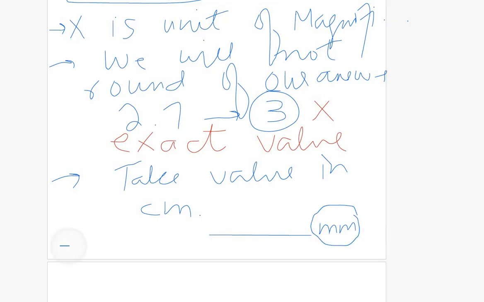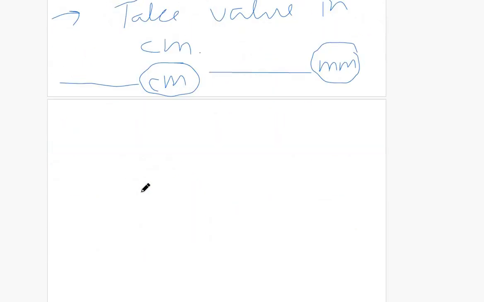Sometimes the examiner makes the line and writes centimeter, then the students are supposed to write the answer in centimeter. So you can easily take your values according to the demand of the question. If the examiner has not demanded any specific unit, like centimeter or millimeter, then you can use any unit of your own choice.